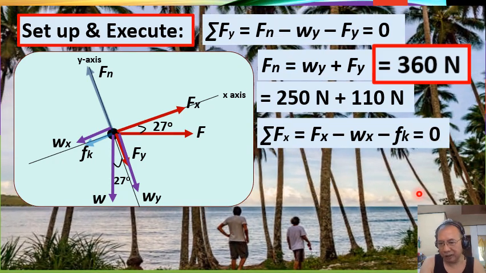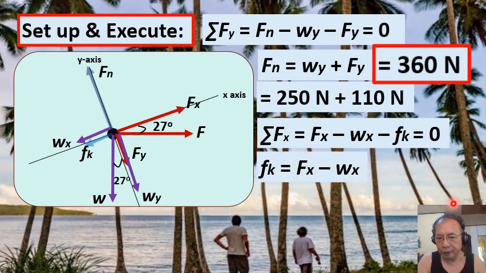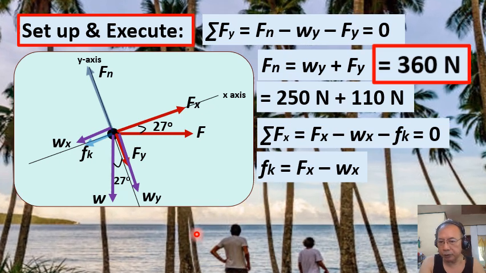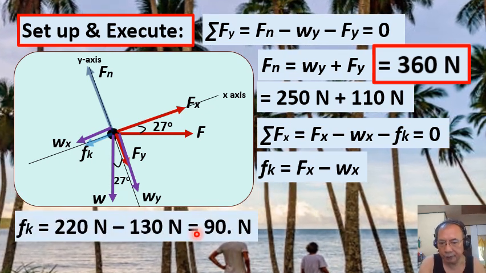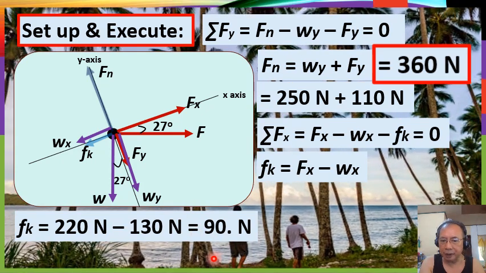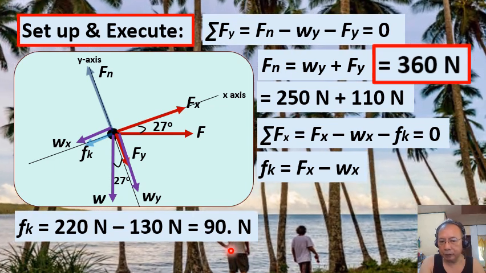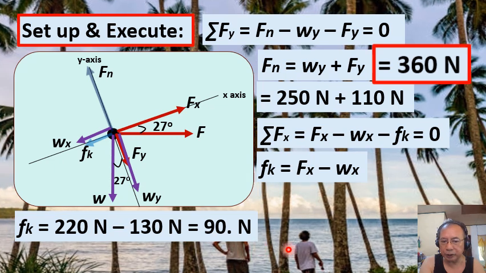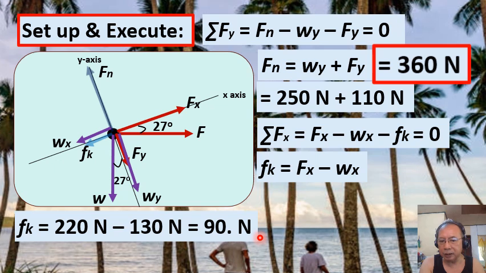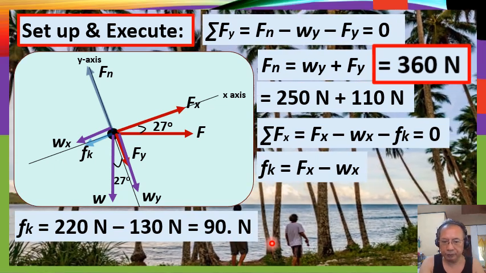That means we can again isolate Fk and come up with its working formula. Fk therefore is equal to Fx minus Wx. That is, Fk equals 220 newtons, the value of Fx, minus the value of Wx, which is 130 newtons. So we get as the magnitude of the force of kinetic friction 90 newtons, emphasizing that there are two significant figures.